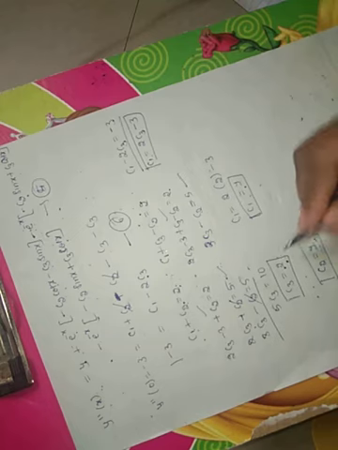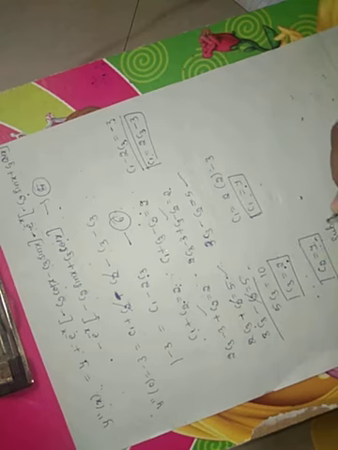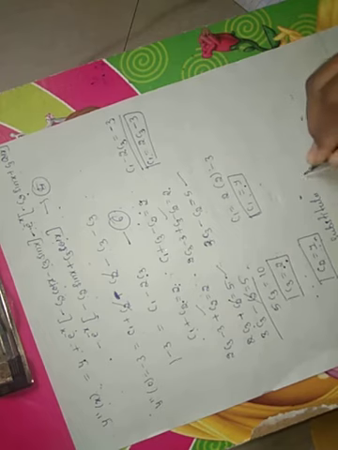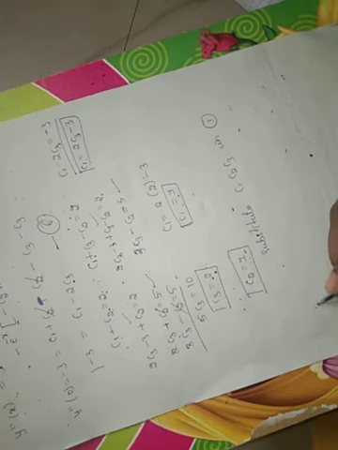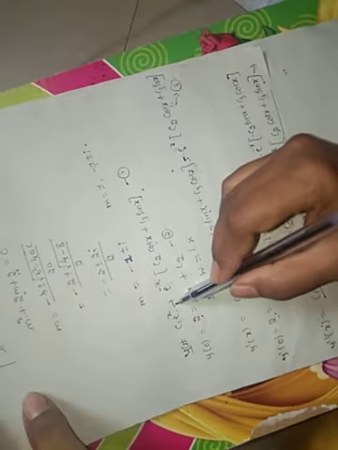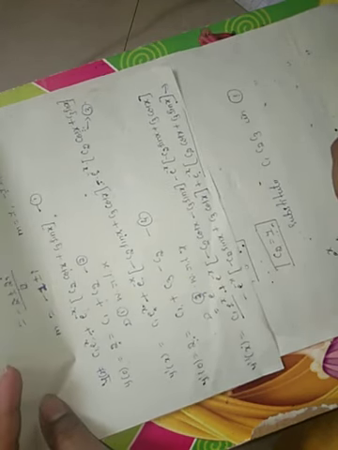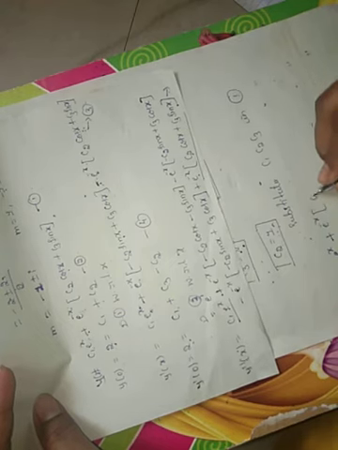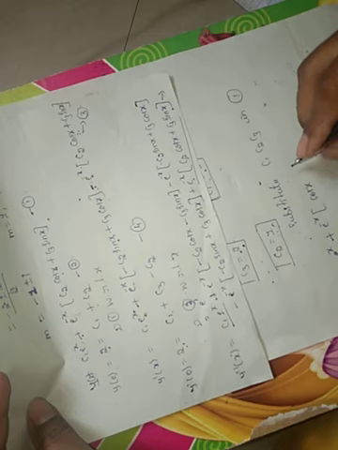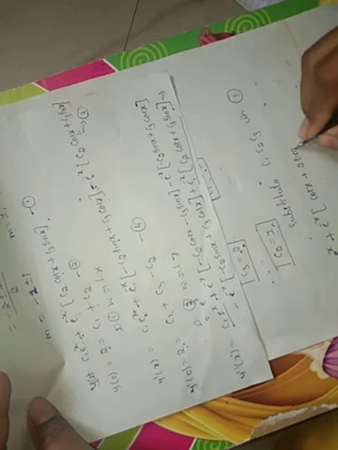Substitute C1, C2, C3 in equation 1. We get, so equation 1 is y equal to, C1 equal to 1, 1 into e raised to x, which is e raised to x, plus e raised to minus x into bracket, C2 equal to 1, 1 into cos x, C3 equal to 2, 2 into sin x.